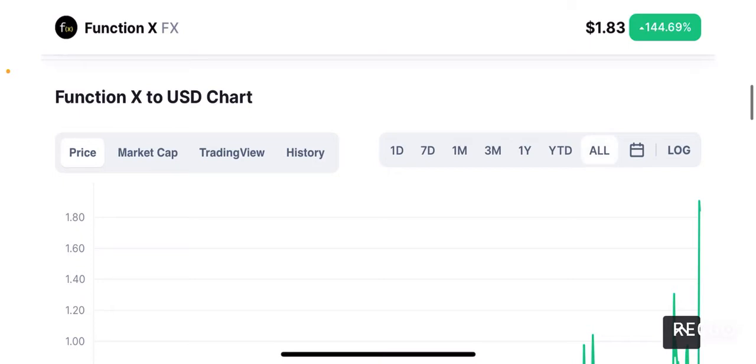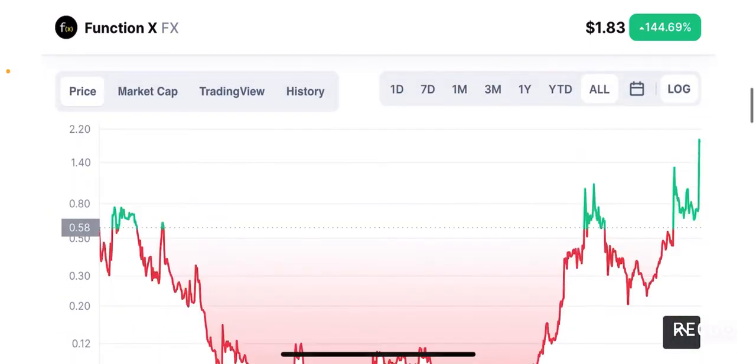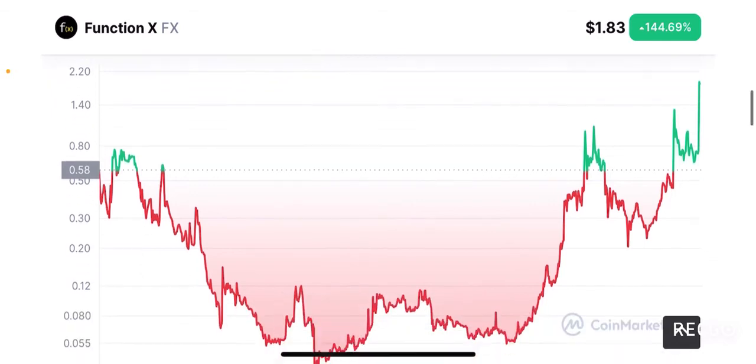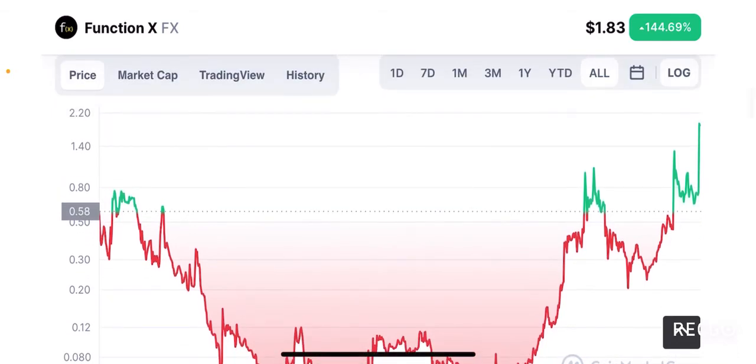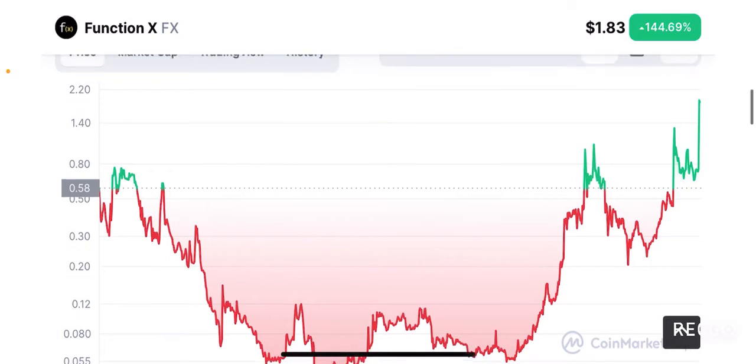So taking a look at the charts itself, you can clearly see that this token is going parabolic right now. I'm just going to use the log scale to kind of smoothen out the price feeds, but at the same time, if you see, the recent Coinbase announcement has definitely pushed this token to new all-time highs, which is pretty crazy.